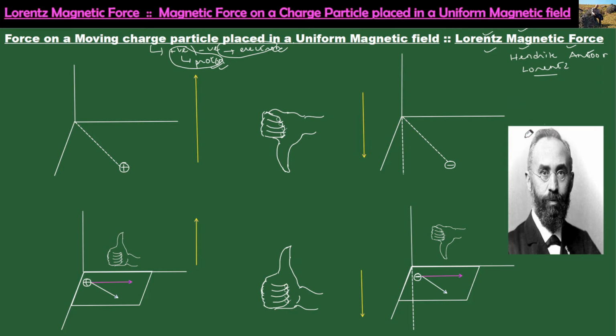He was a theoretical physicist from the Netherlands. He was born around 1853 and died in 1928. He did remarkable investigations on the relationship between electricity and magnetism.